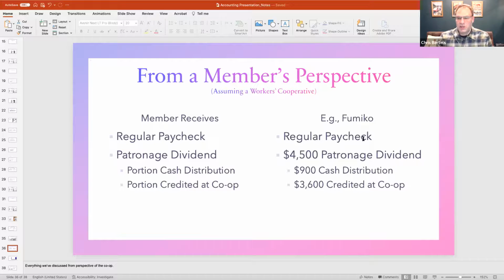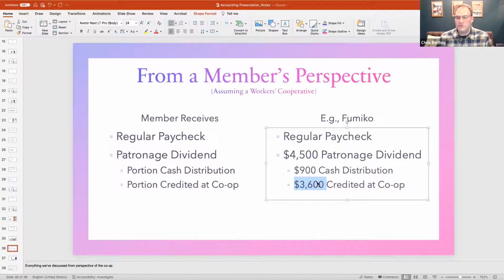She gets her regular paycheck during the year, and then her patronage dividend was 15% of the $30,000. She immediately is going to get $900 in cash, and the co-op's retaining $3,600 temporarily for her.